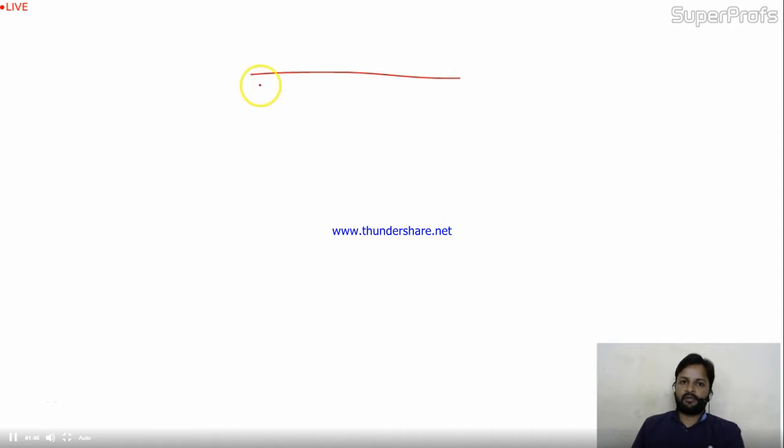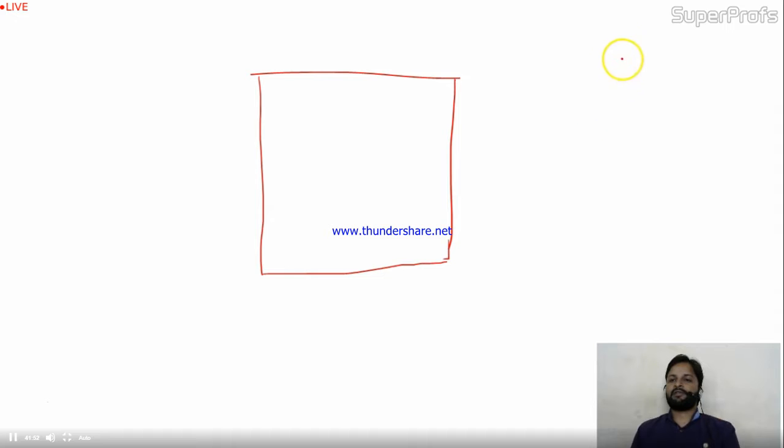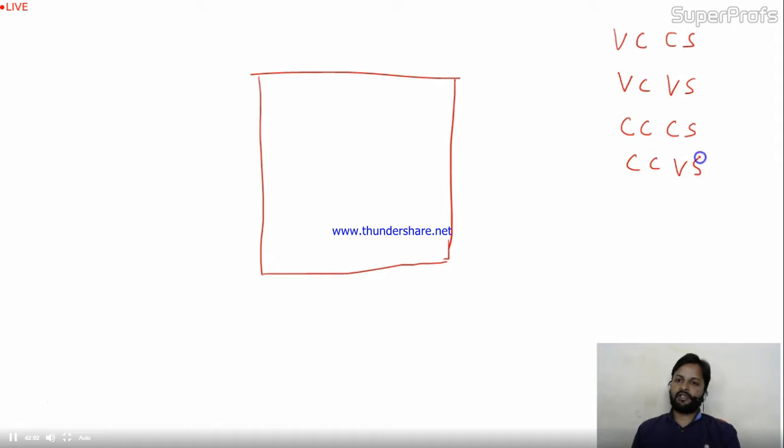See, I'm telling you about current control current source and voltage control voltage source. You have 4 types of amplifier: voltage control current source, voltage control voltage source, current control current source, and current control voltage source. The controlling stage is the input stage and the source stage is the output stage.